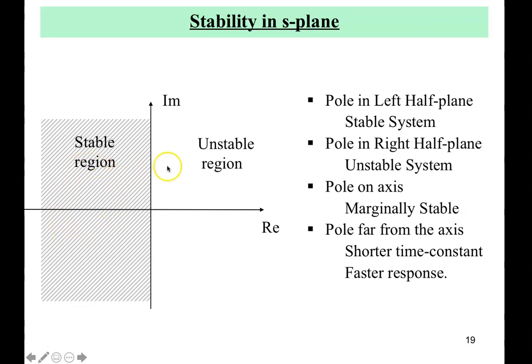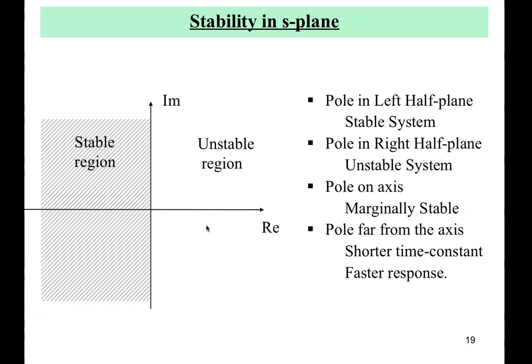If you have any pole on the right-hand side, then your system is unstable. There are no ifs and buts. Even if you have 10 poles of a transfer function, 9 on the left-hand side and only 1 on the right-hand side, then your system will be unstable.